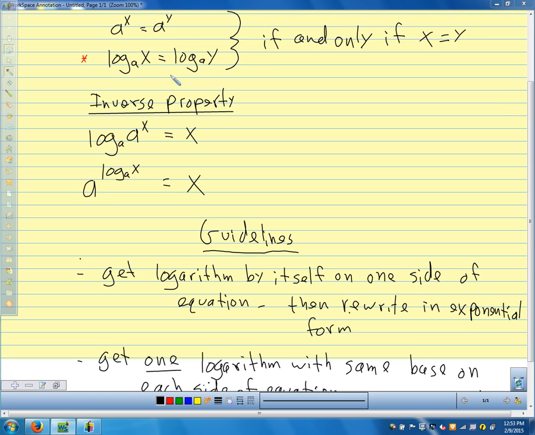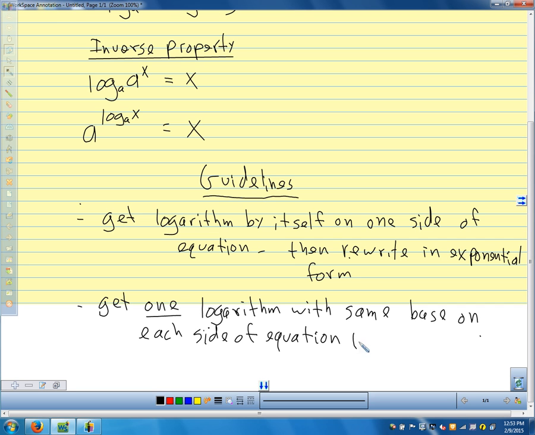So we would get something that looks like this. So these are really the two main ways that we're going to do these problems. Get one logarithm by itself, and then rewrite in exponential form, or get one logarithm on each side and use the one-to-one property.